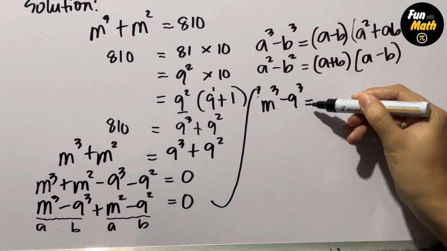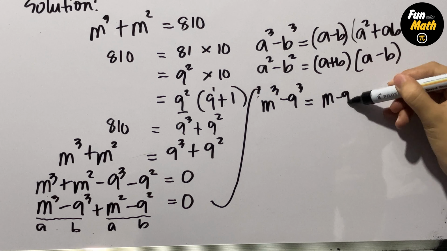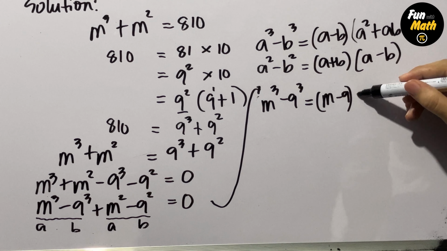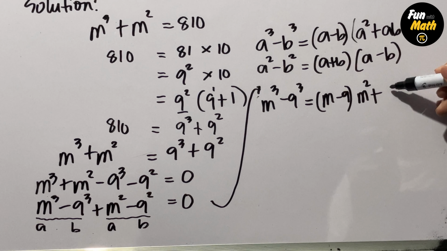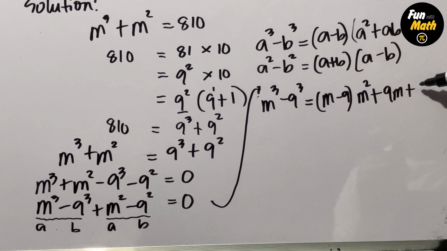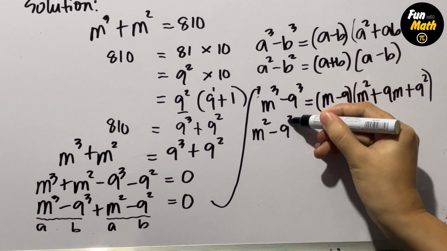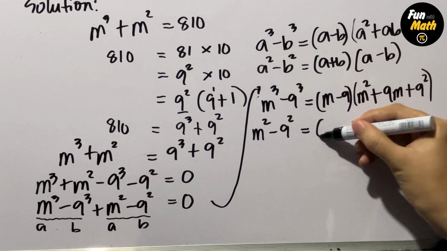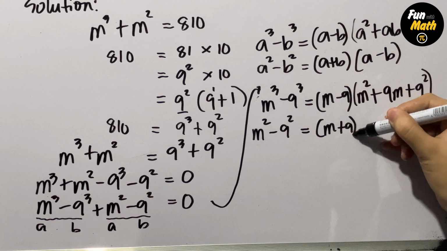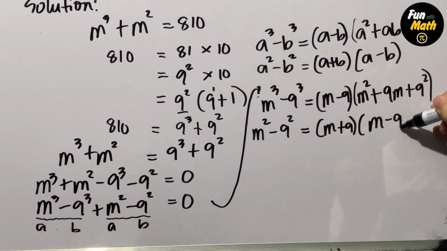That is equal to (m minus 9) times (m squared plus 9m plus 9 squared). Another identity is m squared minus 9 squared, and that is equal to (m plus 9) times (m minus 9).